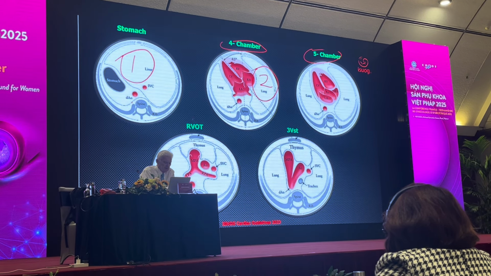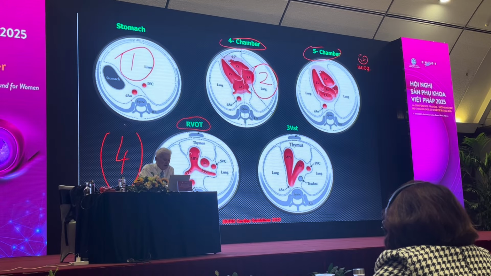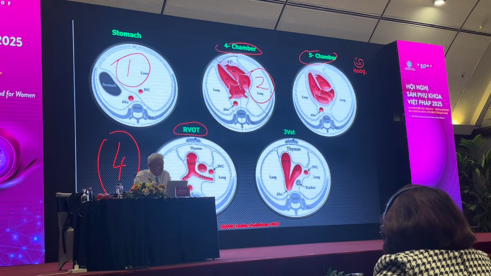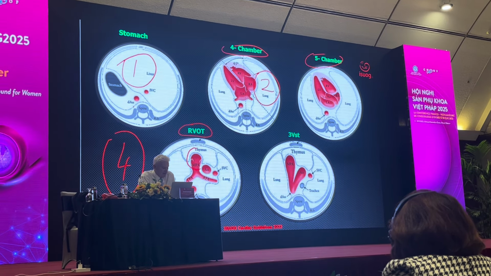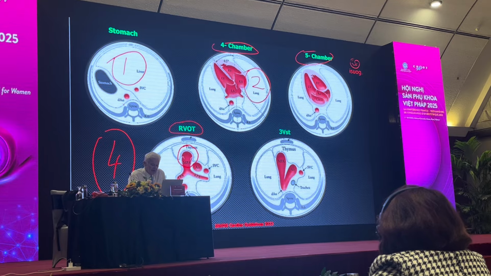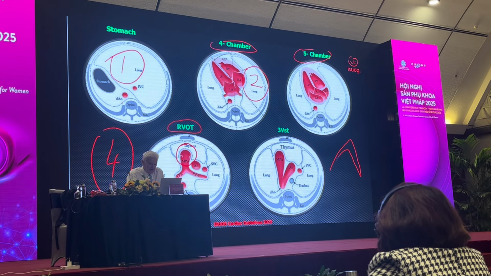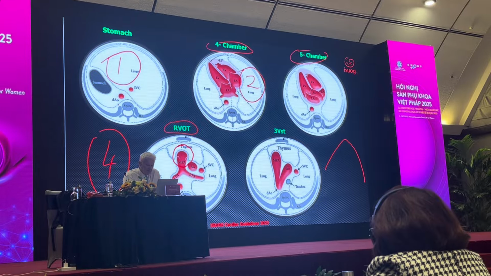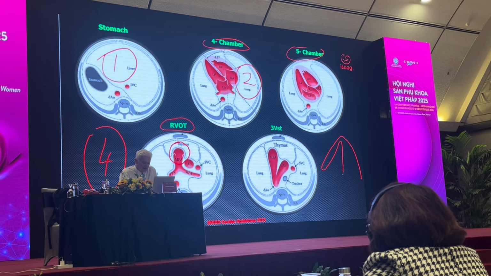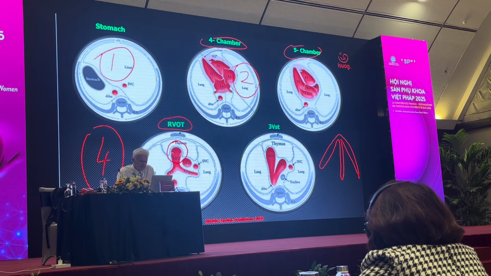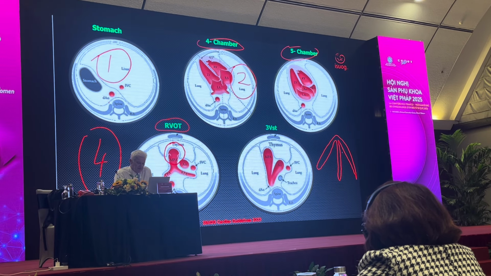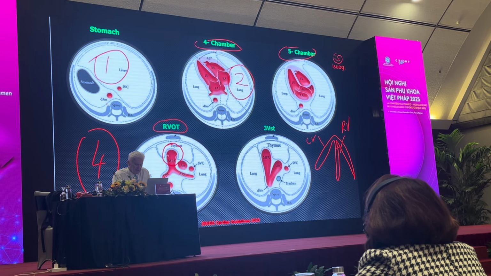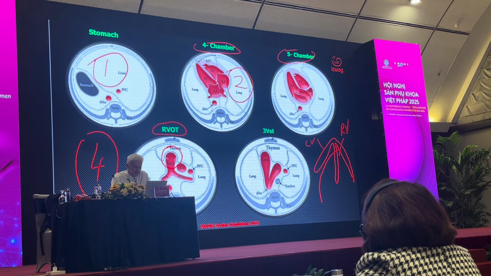The next section, which is section 4, is looking at the right ventricular outflow tract. It is important when looking at the right ventricular outflow tract to look at the pulmonary valve. And when you are looking at it, you need to keep the free wall of the right ventricle in view, because otherwise you will miss the pulmonary valve. So when you look at the right ventricle being here, the left ventricle being here, when you sweep, you see that the pulmonary artery comes out like this.